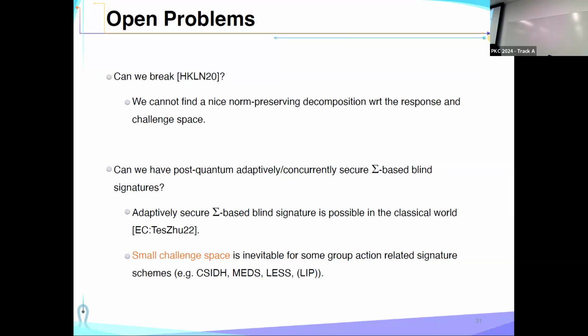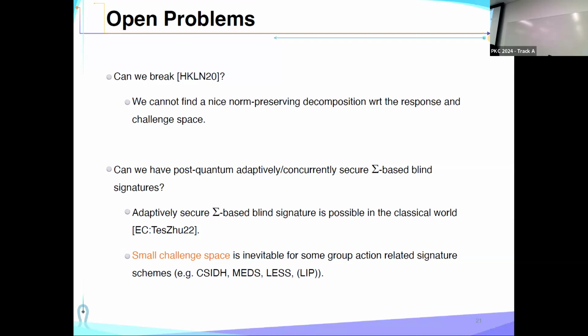And the other question is, can we have a post-quantum, or concurrently secure, sigma-protocol-based blind signature? We have to emphasize that it is possible in the classical setting, and is given by Stefano and Zhu in Eurocrypt 2022.